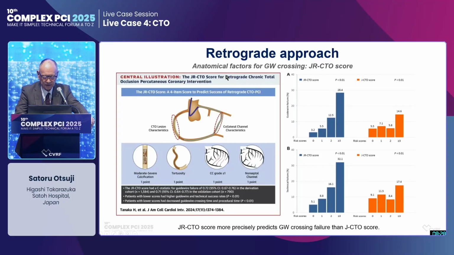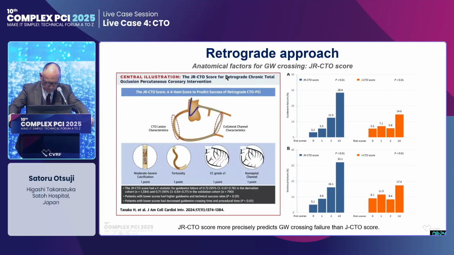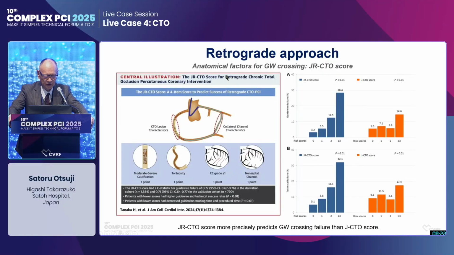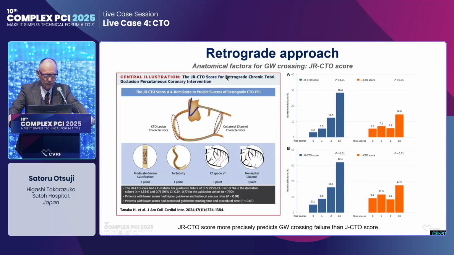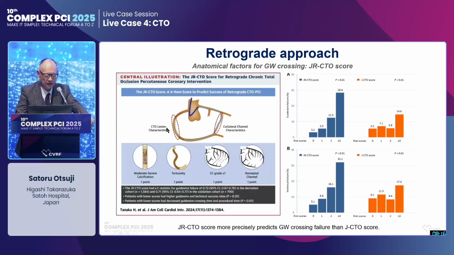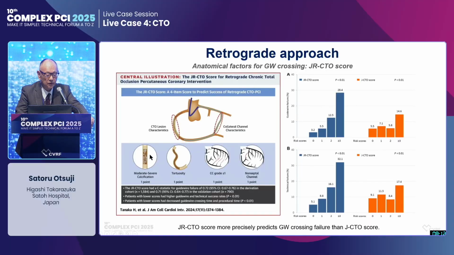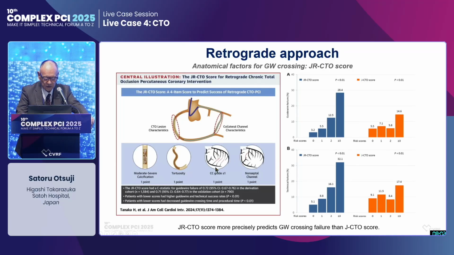This data shows the Japanese expert CTO registry data. We identified the independent factors for the success of the retrograde approach. One is moderate or severe calcification, another is the Toyohashi CC grade, the collateral channel grade, and another is a non-septal channel.